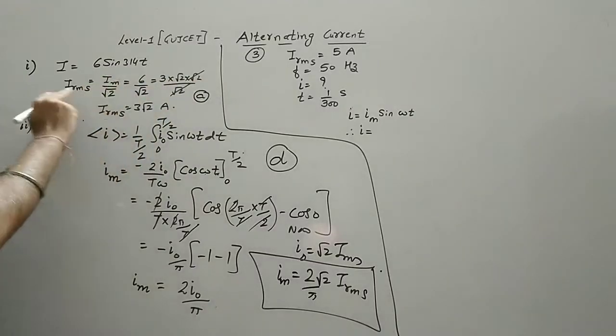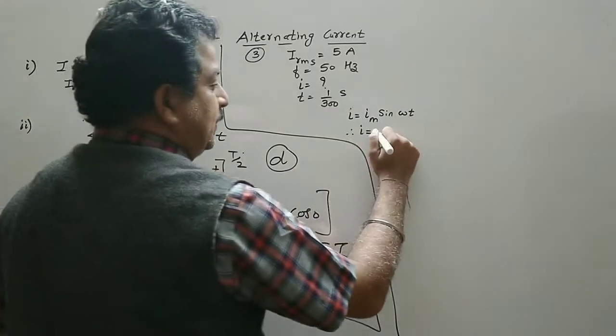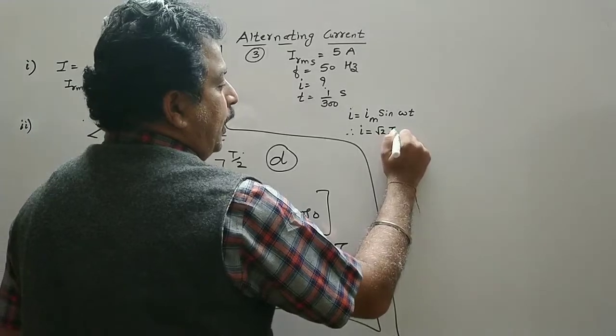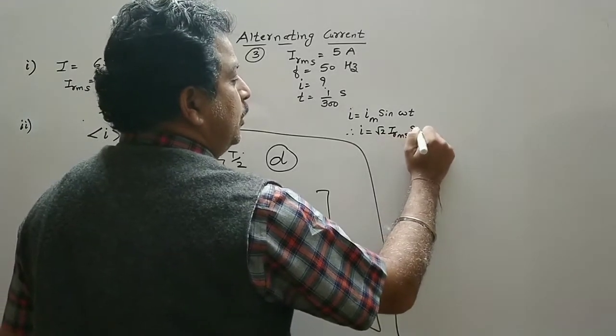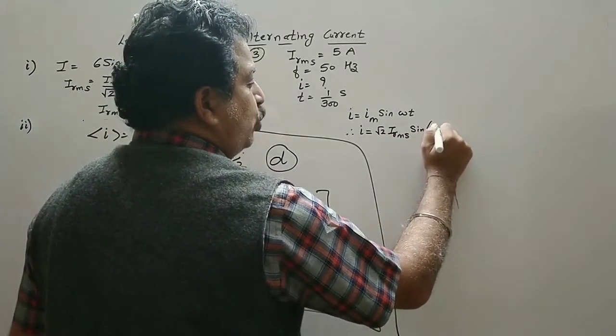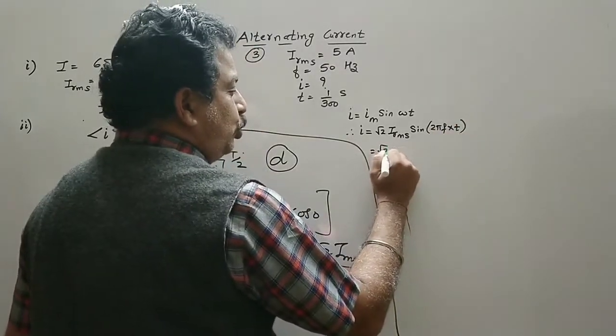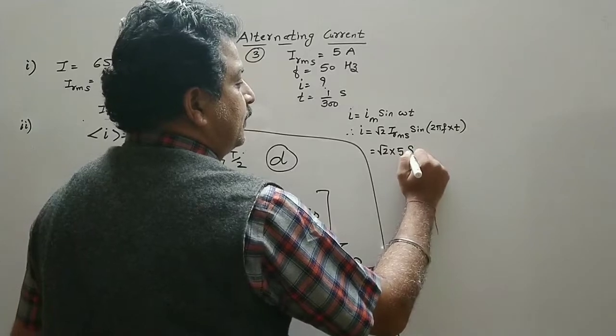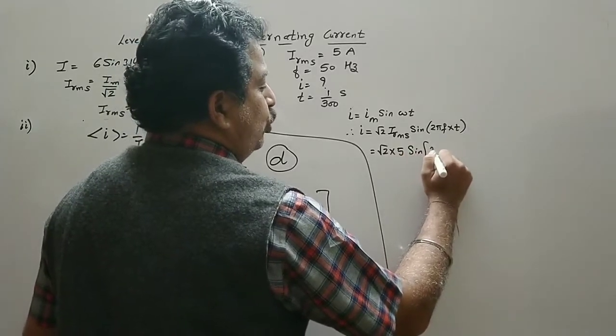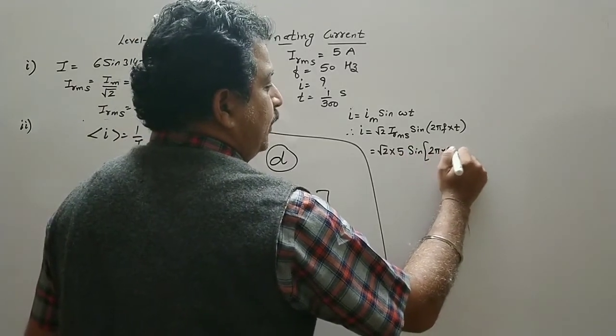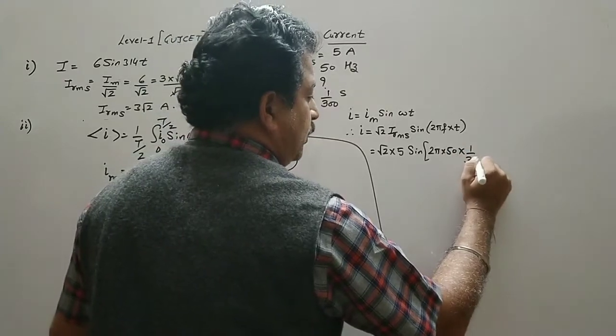So Im is equal to root 2 times IRMS. So root 2 times IRMS sine, in the place of omega we have 2 pi f into t. So that becomes root 2 into 5 sine of 2 pi into 50 into 1 upon 300.